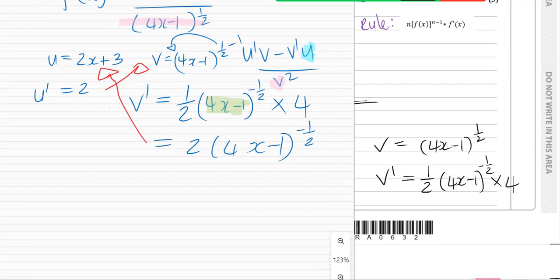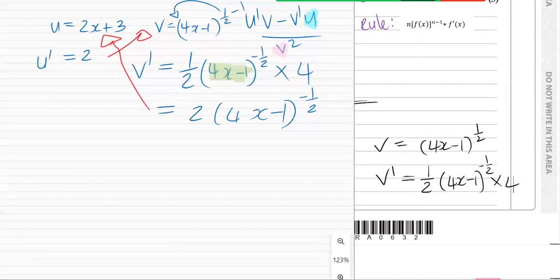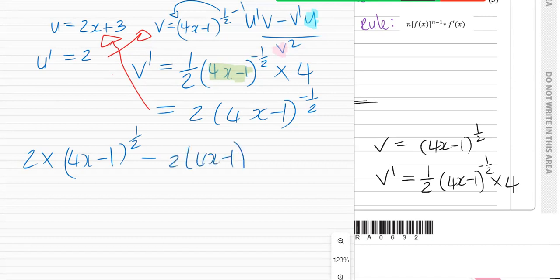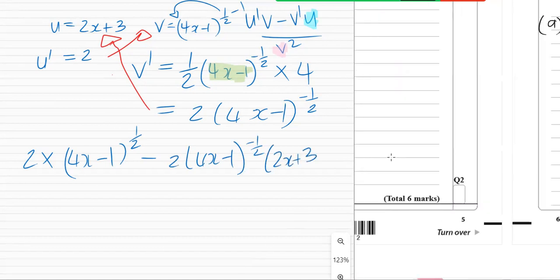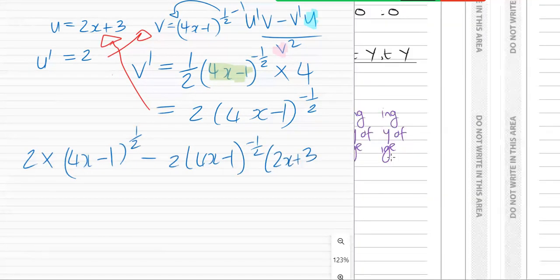So u dash v would give us 2 times the whole of v, which is 4x minus 1 to the power of a half. And we want to subtract from that v dash u. So v dash u is 2, 4x minus 1 to the power of negative a half times 2x plus 3.